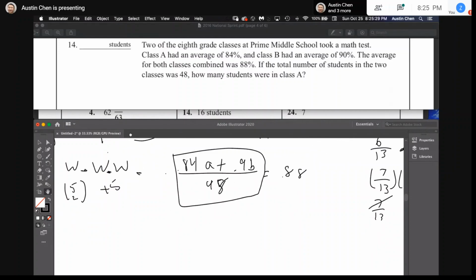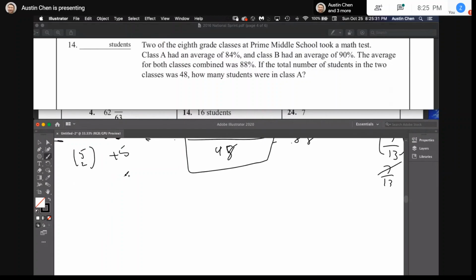There's also a cooler way, and it's also faster. So we have A here at 0.84, right? And we have B here at 0.90. And the weighted average is 0.88, right?